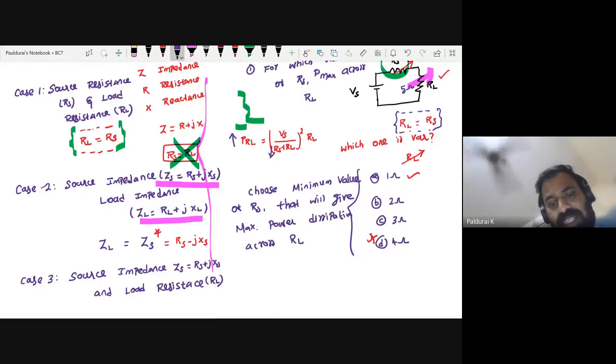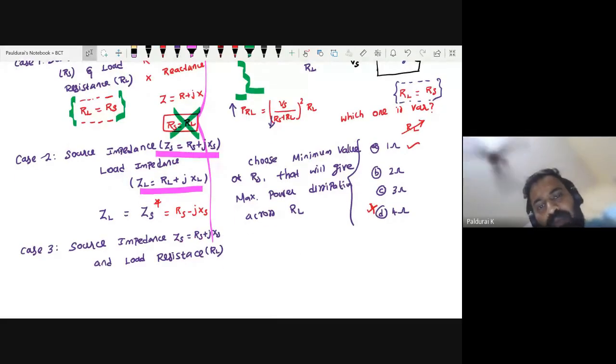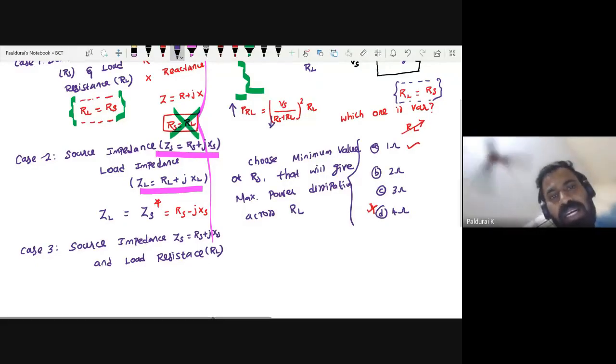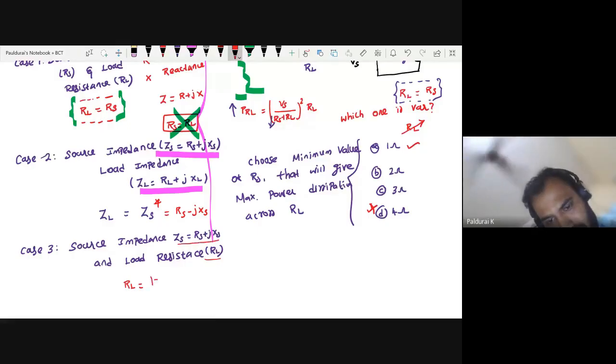This time, what is the condition? This time I am having only the real part in load. I don't have imaginary part. At that time, what is the condition? I want to call it RL, and I'm having only ZS. Take the magnitude.